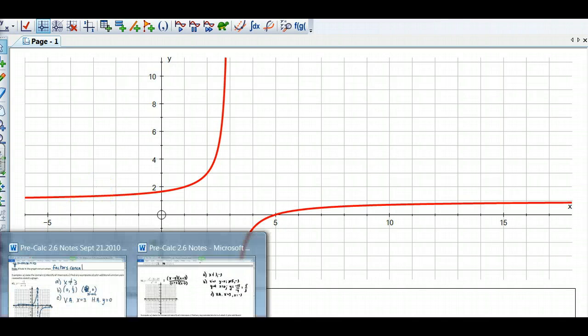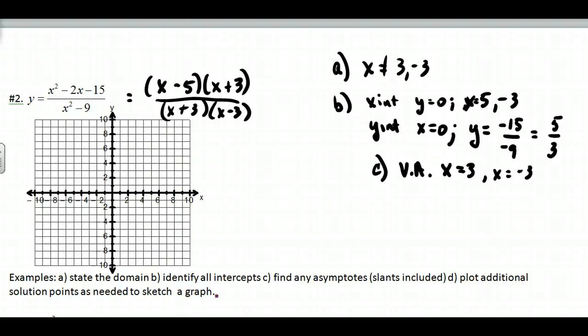Well, this comes from the fact that I have these factors that can cancel. This one and this one. So in other words, this graph will behave exactly like (x minus 5) over (x minus 3) everywhere except at x equal to negative 3. And what happens when we can cancel? We'll get a hole. So this is not a vertical asymptote. I'll cross that off. Nor is it an x-intercept because it canceled off there too.